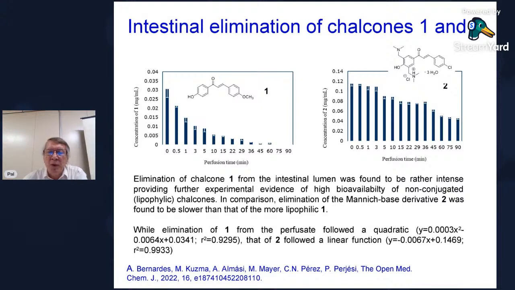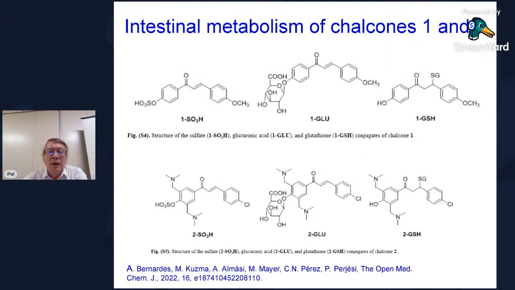The absorption of the protonated Mannich derivatives showed to be less preferred than that of the non-charged derivative. However, at a slower rate, these compounds were also absorbed from the small intestine.